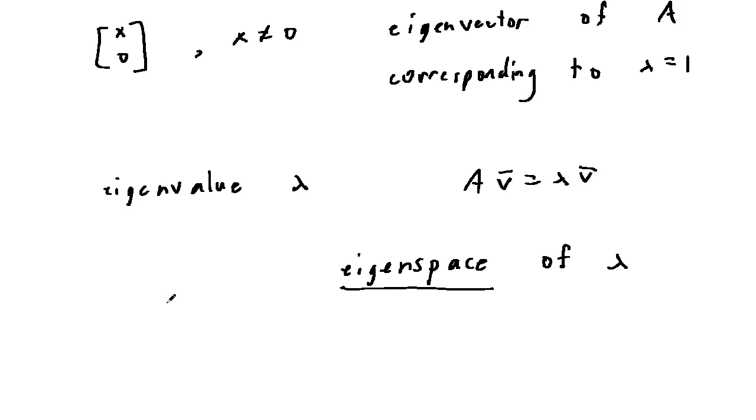Okay, this set consists of all eigenvectors corresponding to lambda and also the 0 vector.